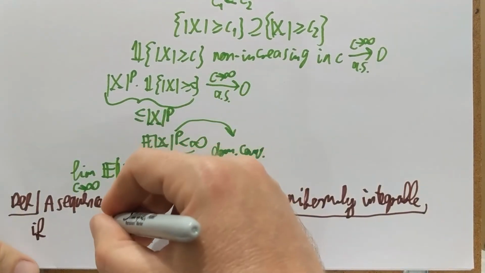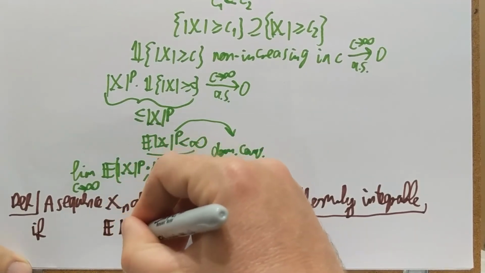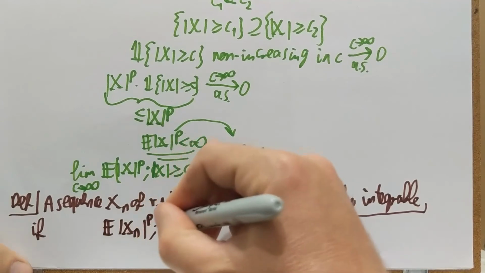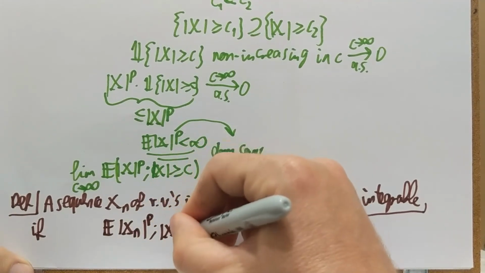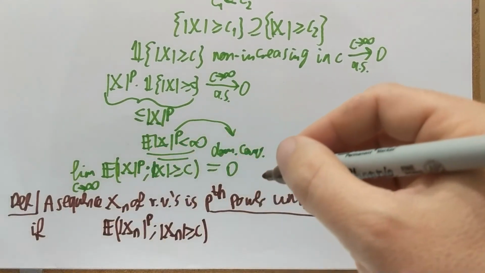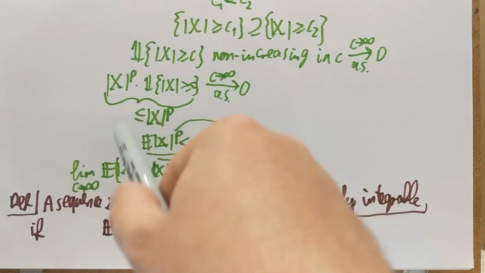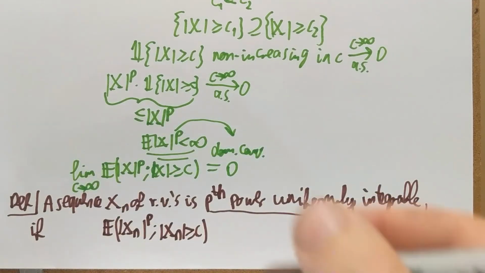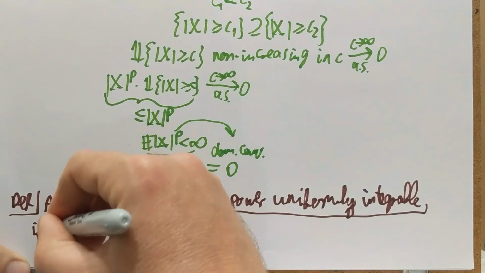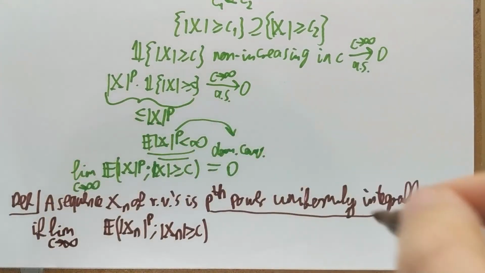So what am I going to do? I take the expectation of |X_n|^p on the event that |X_n| is at least c. Now I know that this thing, as c goes to infinity, goes to 0 for every single n. This is nothing special, it's just the previous stuff repeated. So I'm going to take a limit as c goes to infinity, and I know that this thing is 0.